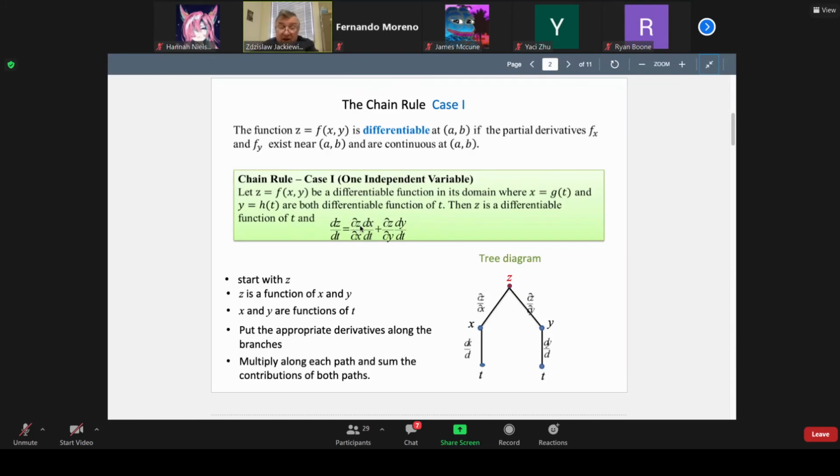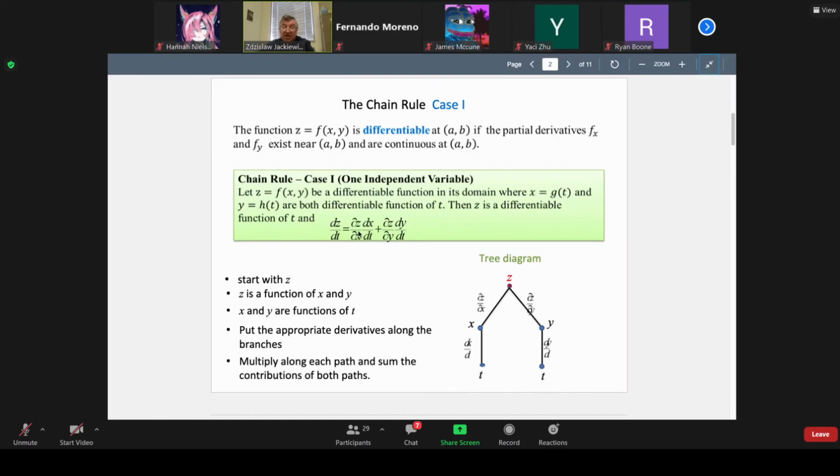So that's the chain rule: dz over dx times dx over dt, plus the partial derivative with respect to y times dy over dt. That's the one-variable case. We have two variables here, x and y, but each depends on one independent variable t.